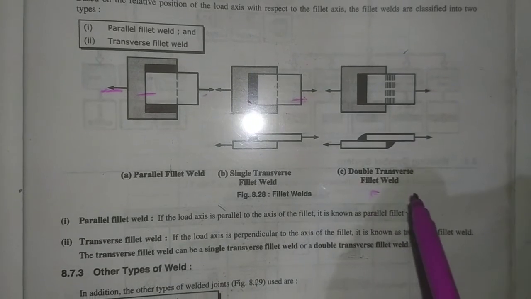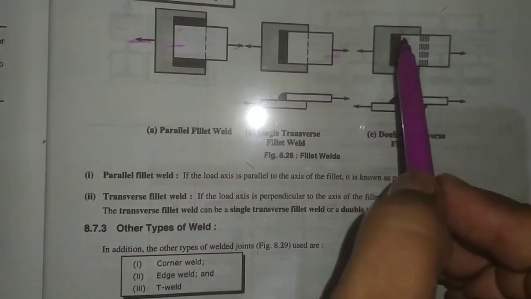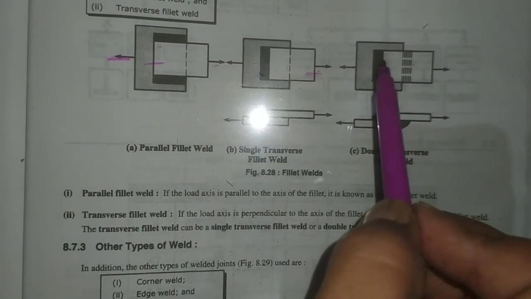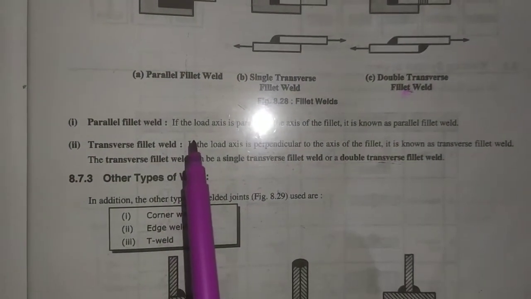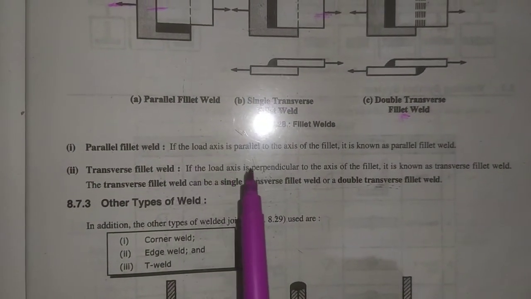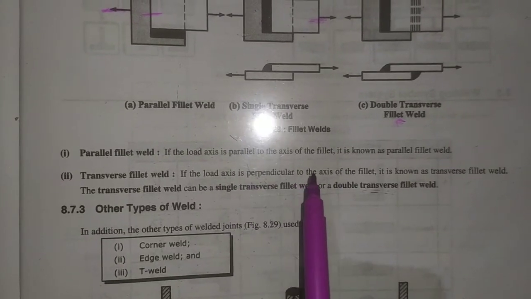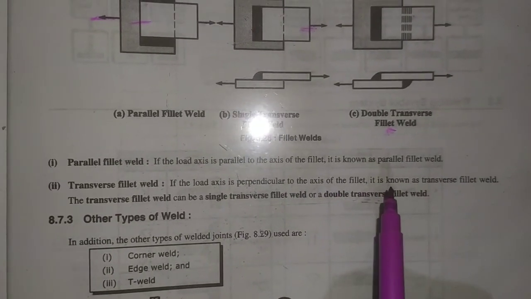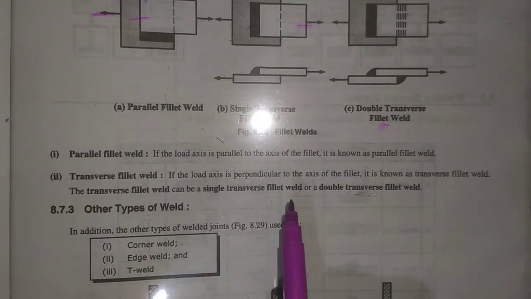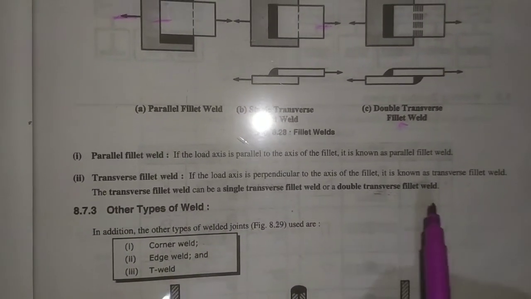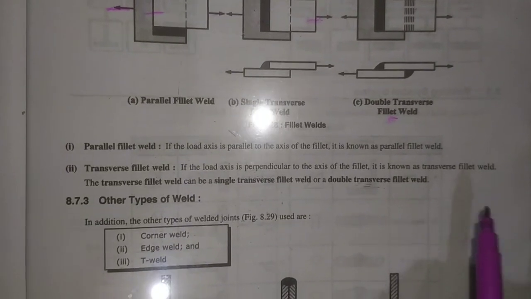And here double transverse, that is both sides are welded, on the top side and bottom side. Now parallel fillet weld, if the load axis is parallel to the axis of the fillet, it is known as parallel fillet weld. Transverse fillet weld, if the load axis is perpendicular to the axis of fillet, it is known as transverse fillet weld.